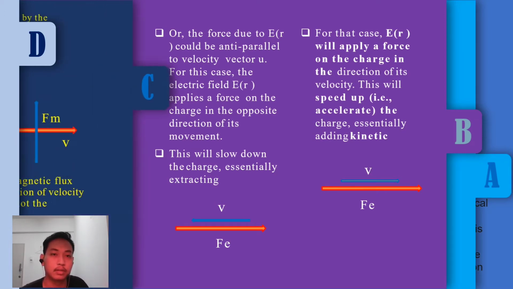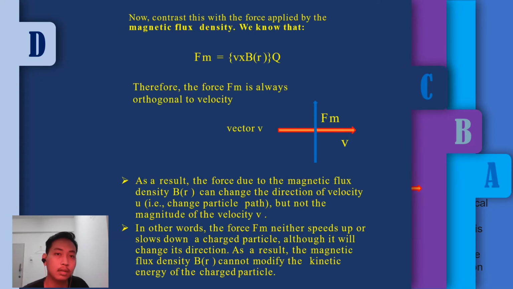Now contrast this with the force applied by the magnetic flux density. We know that Fm equals v × B times Q. Therefore, the force Fm is always orthogonal to velocity.